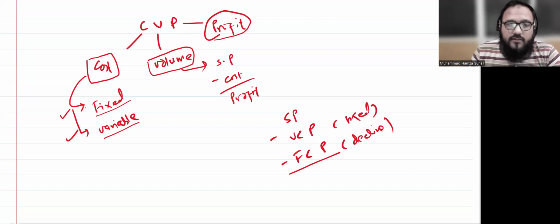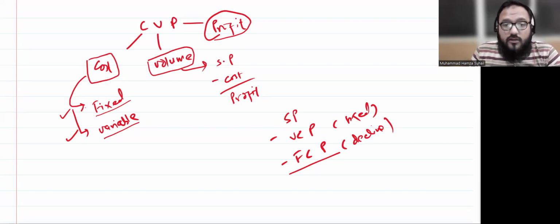So in order to understand this relationship further, what do we need? We need to understand more about variable costing, because whenever we are talking about any decision making technique, the operating profits are not much relevant to us.